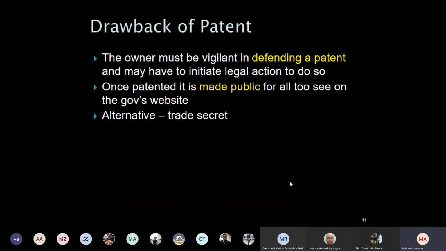This is actually what the Chinese, the Taiwanese, the Japanese and the Koreans did. They studied the patents filed in the US Patent Office. They studied all those patents. They even hired consultants to help them.